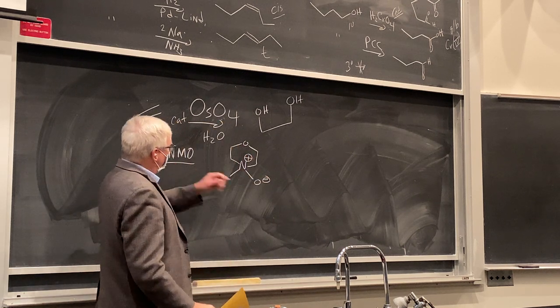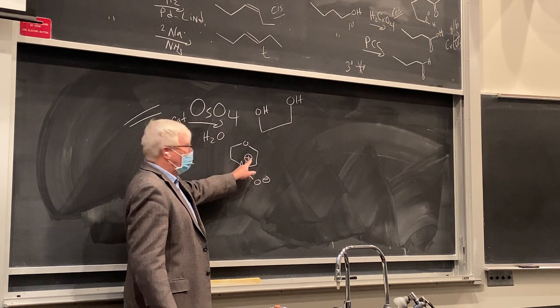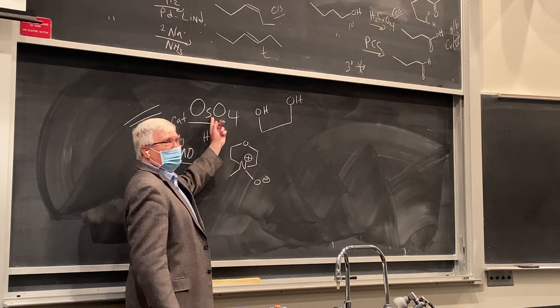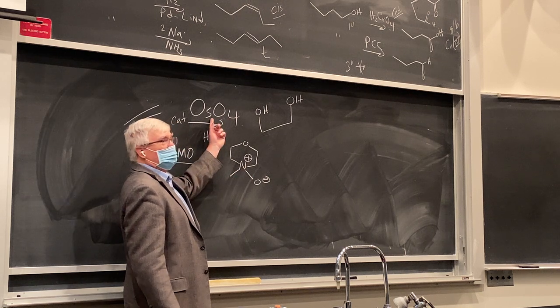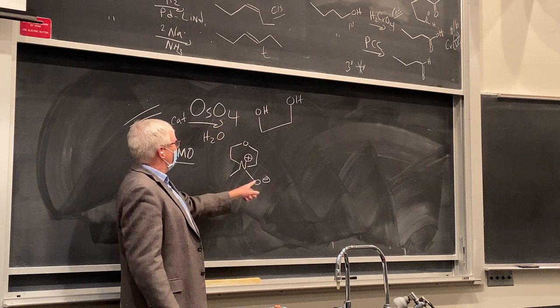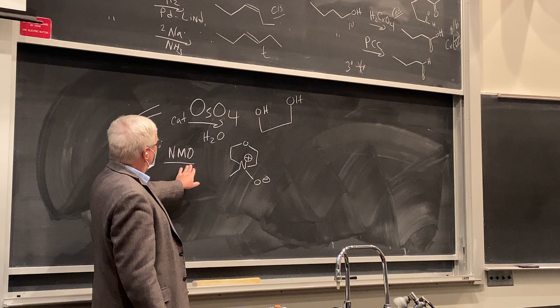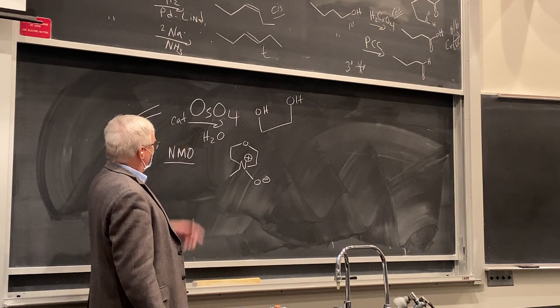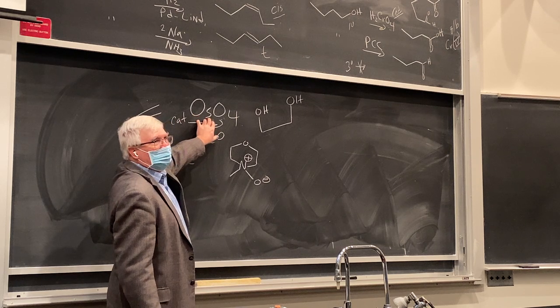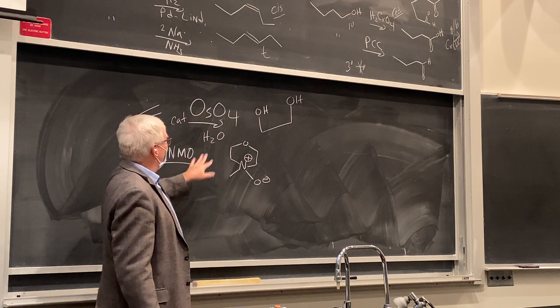Okay. Looks kind of funny, but it's O minus N plus. And this is able to transfer this oxygen to the reduced form of osmium and regenerate osmium 8 in the tetroxide state, and that can keep the reaction going there. So NMO is cheap. It's very good to have that base there. But for our class, if you just show osmium tetroxide, you're fine. Okay. Be aware of this.